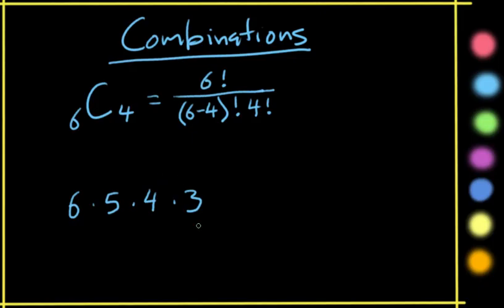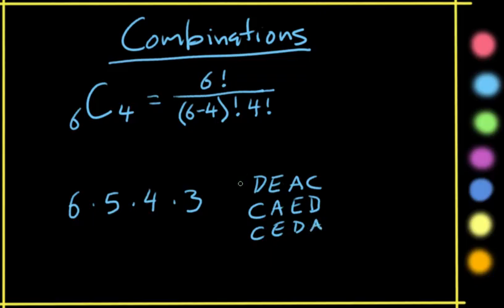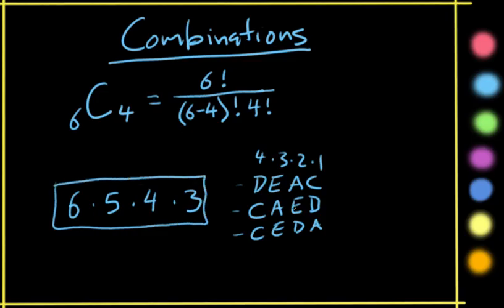But if the order doesn't matter, then if I chose D, E, A, C, that would be the same thing as choosing C, A, E, D, or C, E, D, A. And so all of these would be the same. And how many of these are there? How many different ways can I order these four? Well, there's 24 of them because there's 4 times 3 times 2 times 1. So this number is too big because it has a bunch of duplicates.